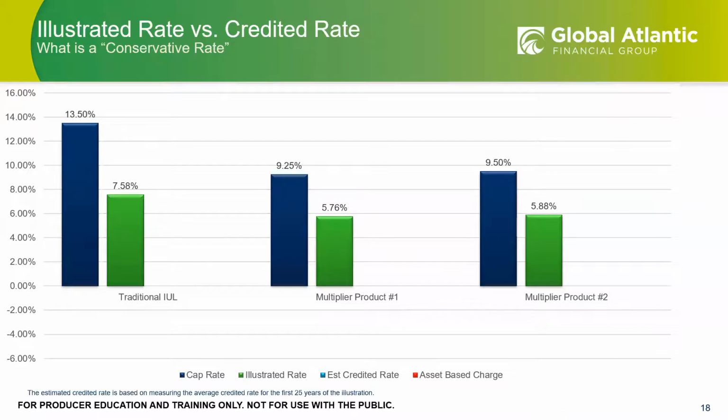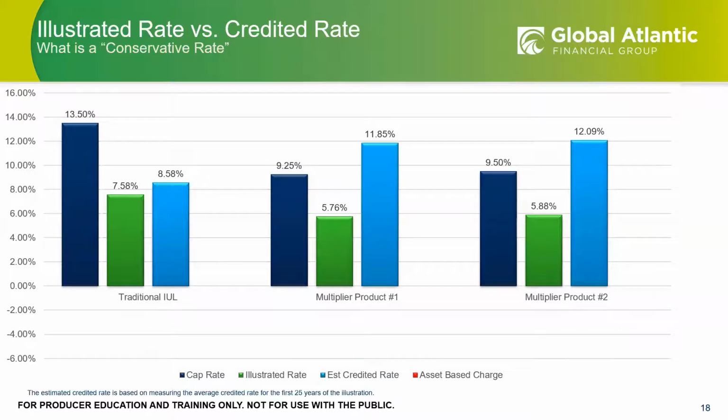The max illustrated rate is dictated by AG 49, Actuarial Guideline 49, which specifies how a carrier calculates that. That's based on the cap and the floor that's offered. So within the traditional IUL, you've got a higher cap rate, so you have a higher max illustrated rate, right? Because you've got more capacity there. From 0 to 13.5 versus 0 to 9.25 or 9.5. So you can see the max illustrated rate.